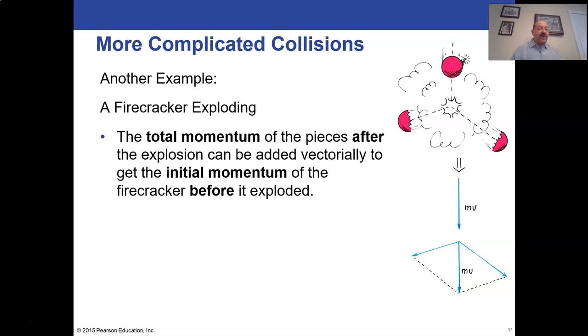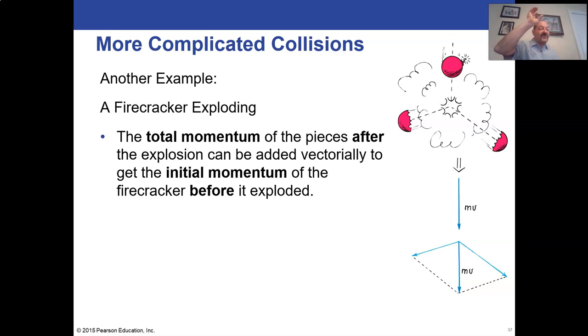And let's look at one more complicated collision, a firecracker exploding. So now the collision is one object becoming many objects breaking apart. But it turns out, even with these crazy inelastic collisions, if you were able to measure all the pieces from the fireworks and all the different directions and velocities of each piece and each mass and add them up vectorially in three-dimensional space, which we would never require you to do, you would find out that they all add up to whatever the momentum was of the firecracker before it exploded.